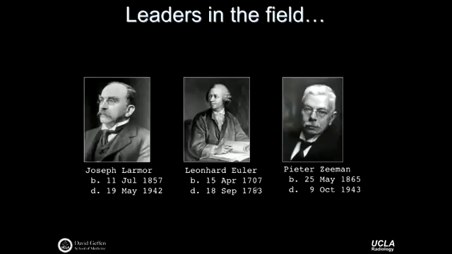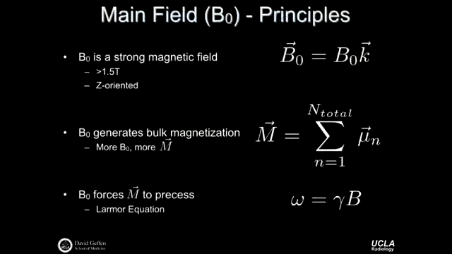It's a way of using complex exponentials to describe vector quantities. It's a very useful thing in MR. I'm not positive we'll get there today. And we'll learn a little bit about Peter Zeeman and the so-called Zeeman splitting phenomena. So just a few of the players in the field, if you will.